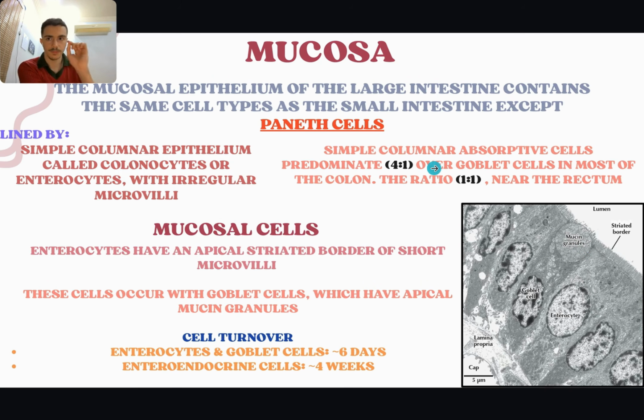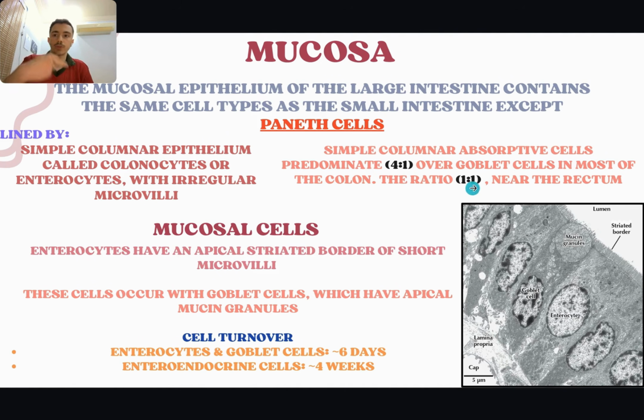This is the most important thing you need to focus on. The simple columnar absorptive cells are dominant in most of the colon. Then the goblet cells: the ratio is 4 to 1. So for every four columnar cells you find one goblet cell.